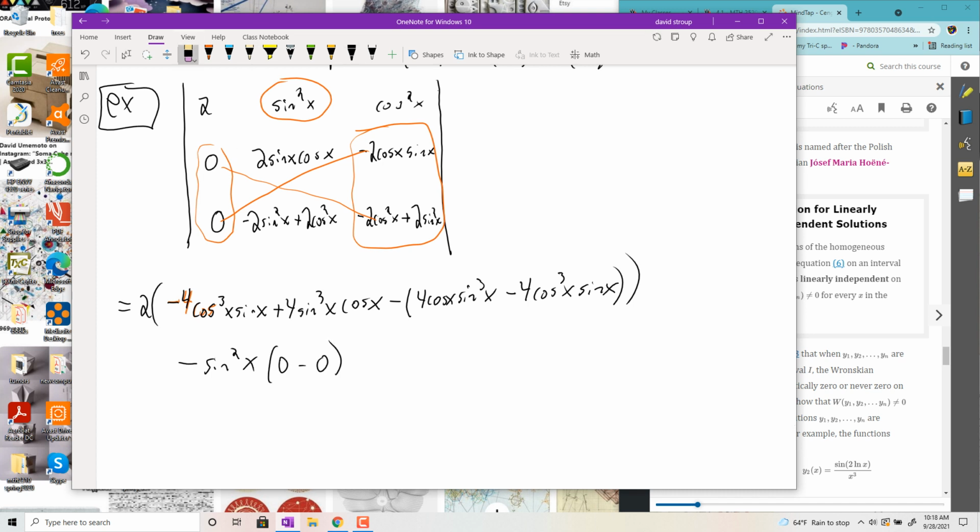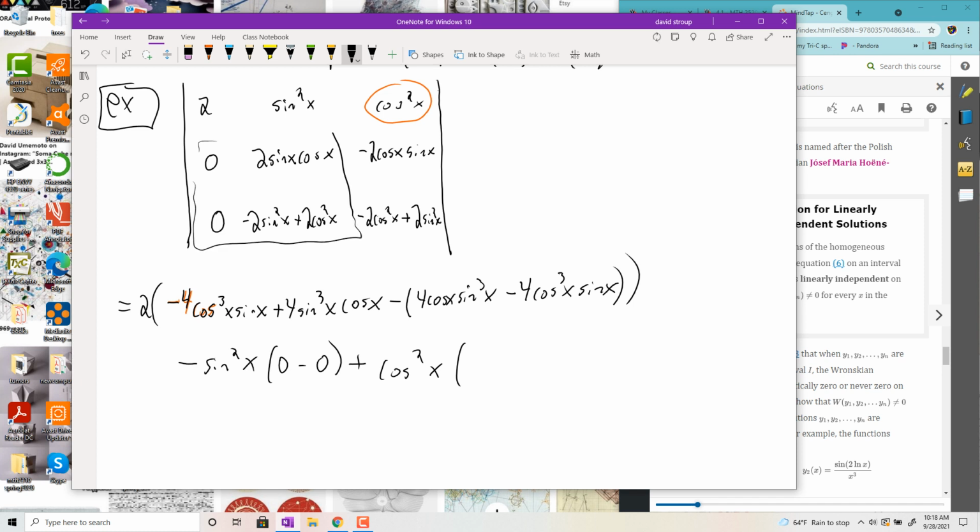And then finally the cosine squared part. So you'll write cosine squared first, so plus cosine squared x. And then the determinant of this portion is just 0 again, 0 minus 0.